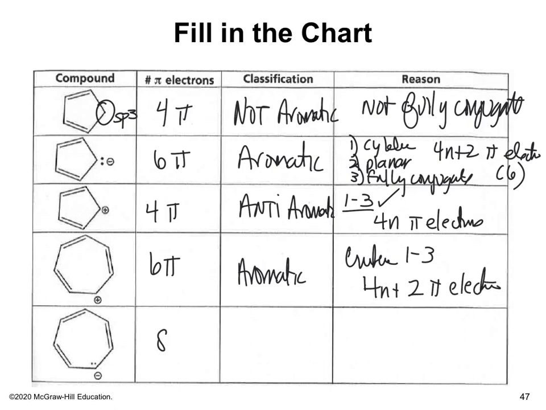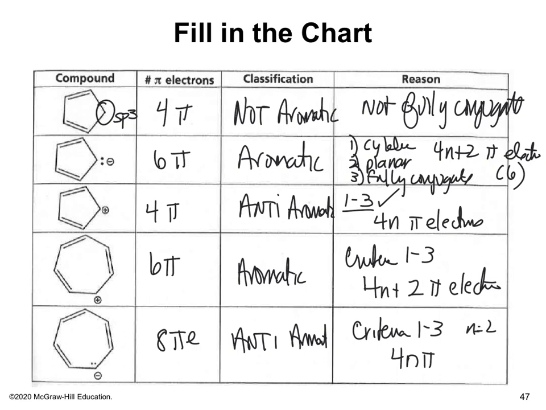This one right here, we have 8 pi electrons. It's going to be anti-aromatic, and it has criteria 1 through 3, but it has 4n pi electrons. So when n is 2, that is 8.